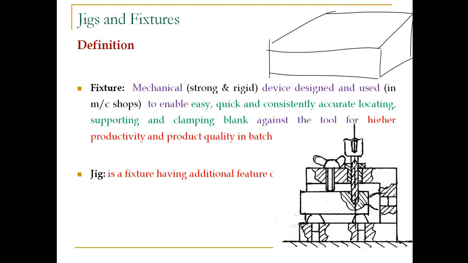On this block we want to make a hole from this side at this particular distance, and from here at this much distance. We will have to hold this block in a particular manner so that it will be fixed and will not be able to move or shift. For that we will first have to make these calculations and support and clamp it accordingly. That block has been shown here in this figure.